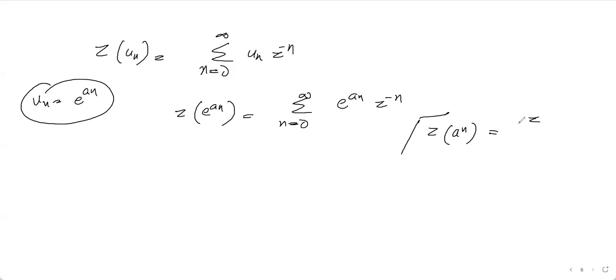So this is z by z minus a. Let us substitute that here. So this would be z by z minus e to the power of a.